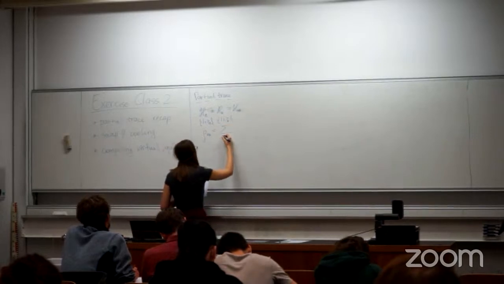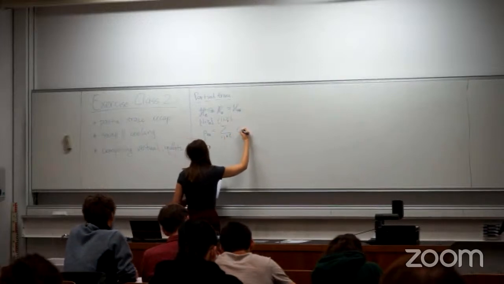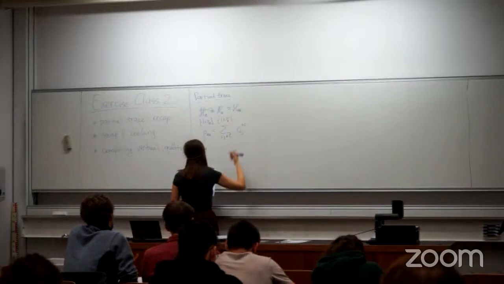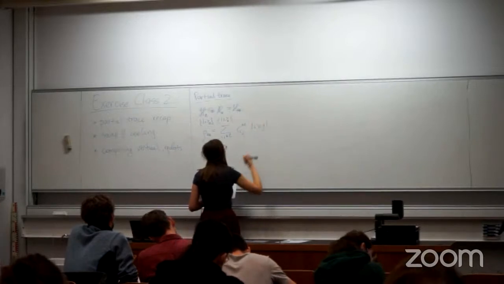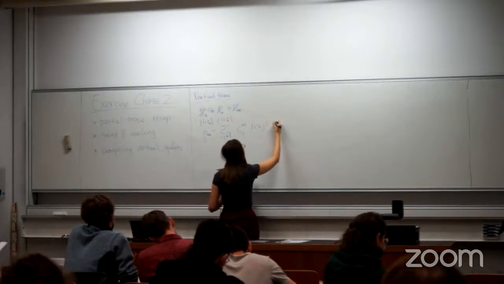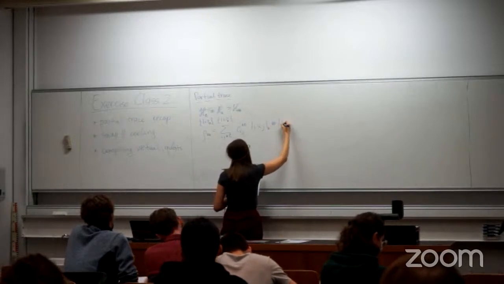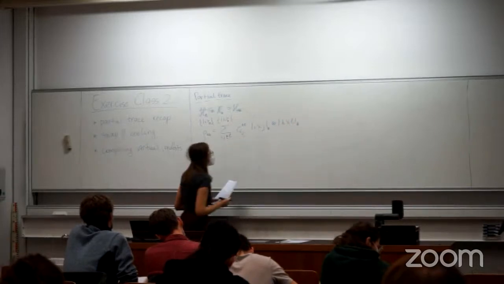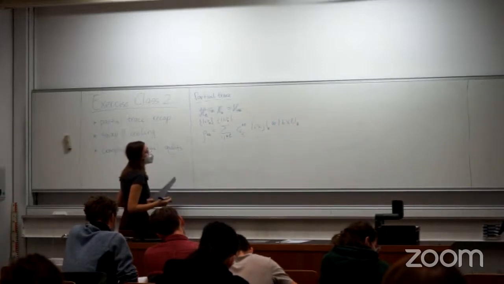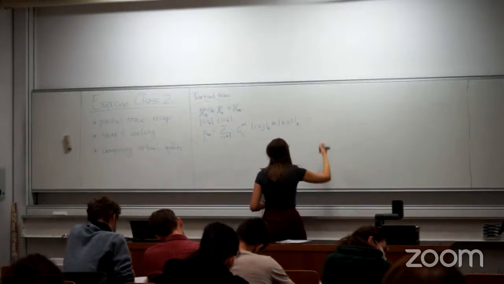It will be the sum over i, j, k, l of c_ijkl, |ij⟩ on the first system A, tensor product ⟨kl| on the second system, which is B. And this corresponds to the density matrix.